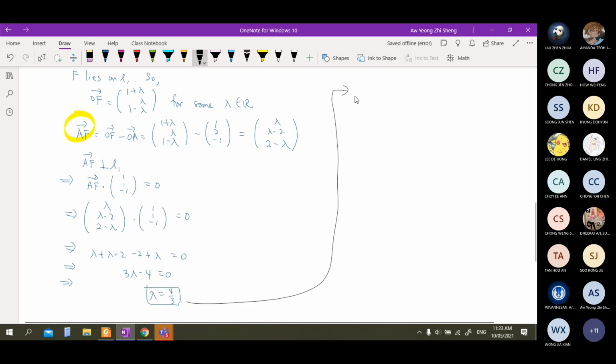So this time we just sub lambda equals 4/3 into the expression for AF. AF will be (4/3, 4/3 minus 2, 2 minus 4/3).